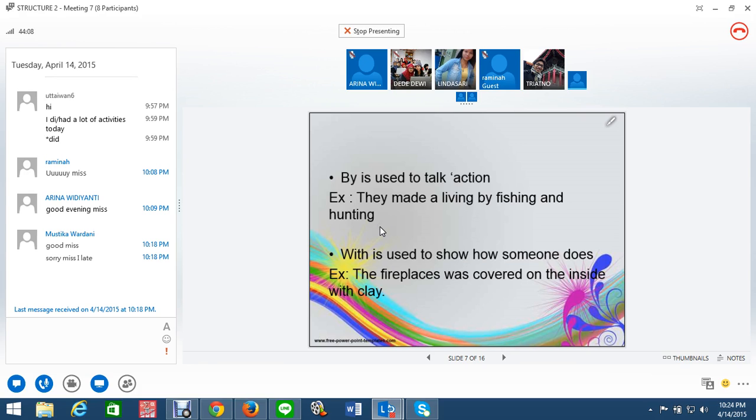Jadi mereka menghidupi kehidupannya dengan fishing dan hunting. Apa itu hunting? Berburu. Fishing itu memancing atau menangkap ikan. Okay, so this is action.